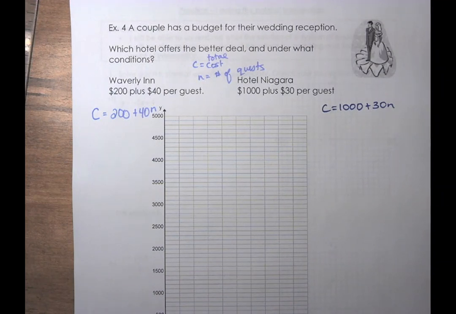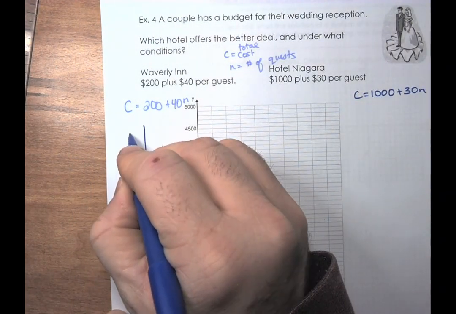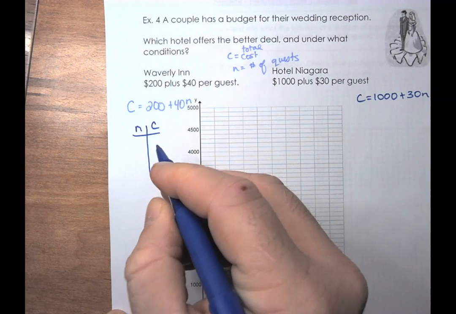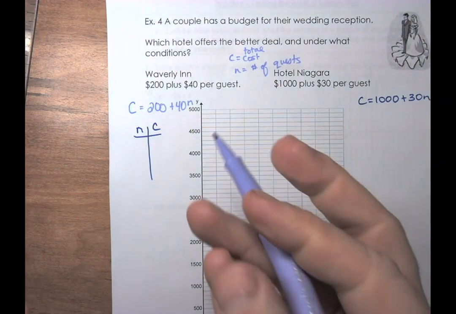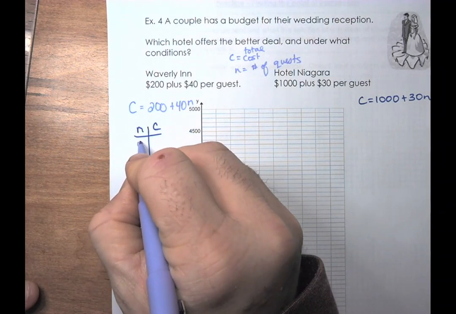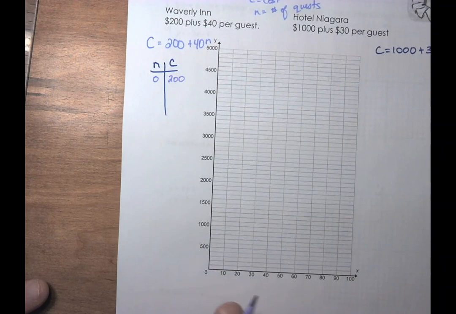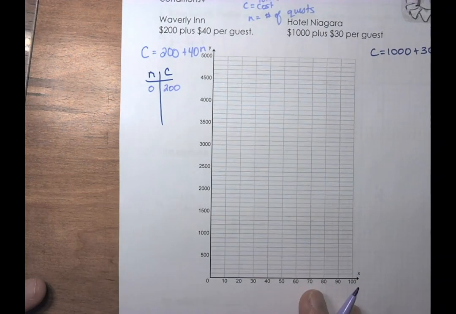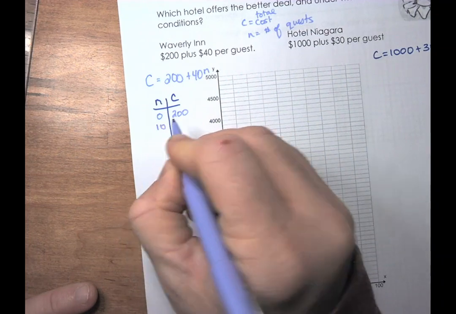If you're a person that wants to make a table of values and see, all right, at 0 guests, it's still going to cost me $200. And if I look at my scale here, maybe I'll go up by 10s. Going up by 5s is not going to be a big deal either, but let's go up by 10s.